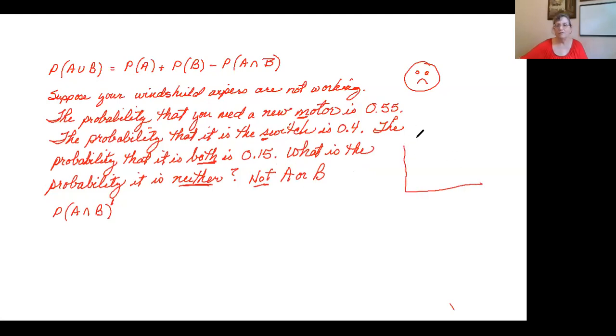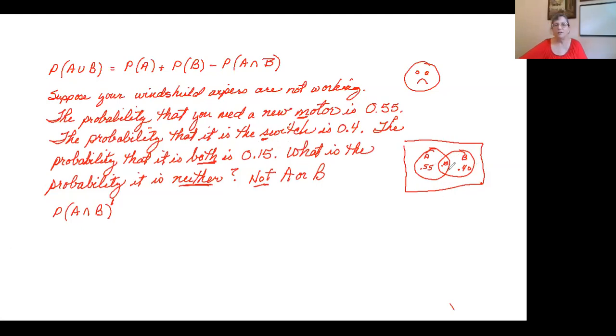So basically, we're looking at this. Here's A. Here's B. They obviously overlap. The probability of A is 0.55. The probability of B is 0.40. And the probability of both, the intersection here, is 0.15. Now notice that this adds up to more than 100%, if you add this and this and this.